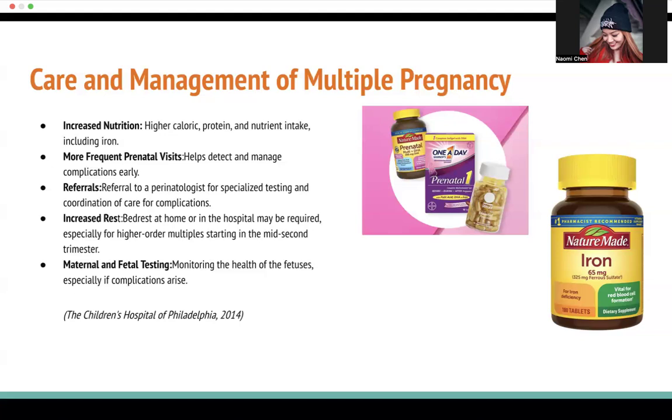And also, I got a referral to see a high risk specialized OB because twin pregnancy is considered a high risk pregnancy. After the first trimester, I also went to see the high risk OB, with a lot of visits.